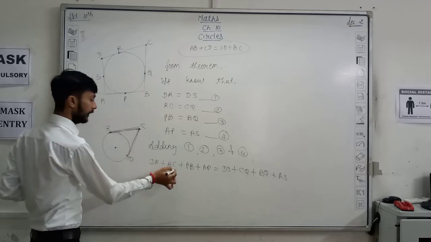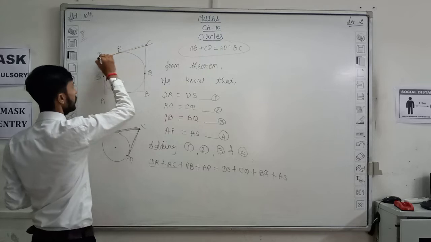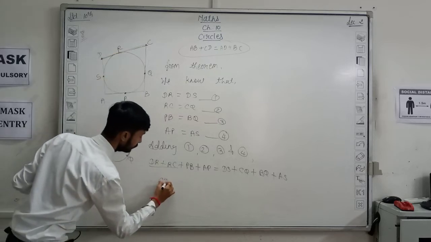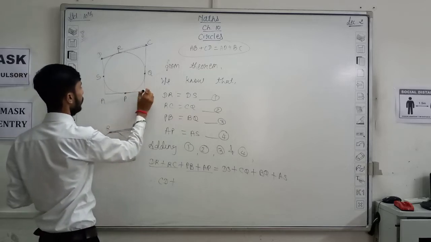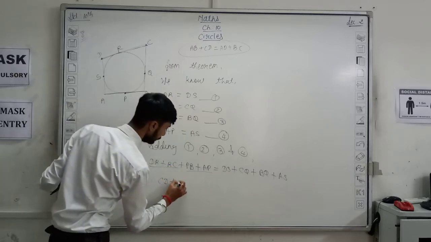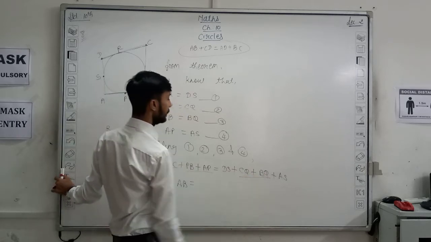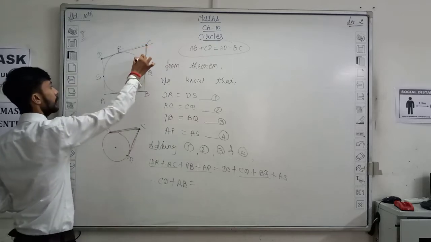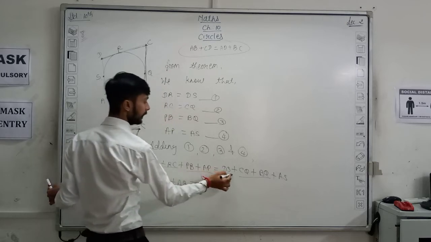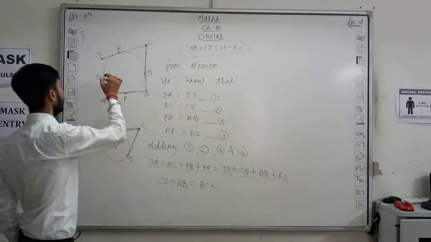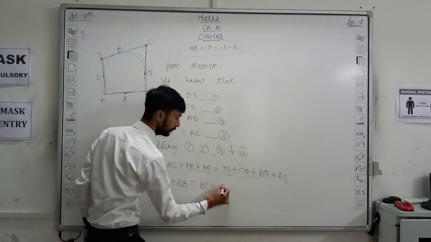Now see, DR plus CR, that means whole CD, plus PB plus AP, that means whole AB, equals to CQ plus BQ, which is BC, plus DS plus AS, that means AD, okay.